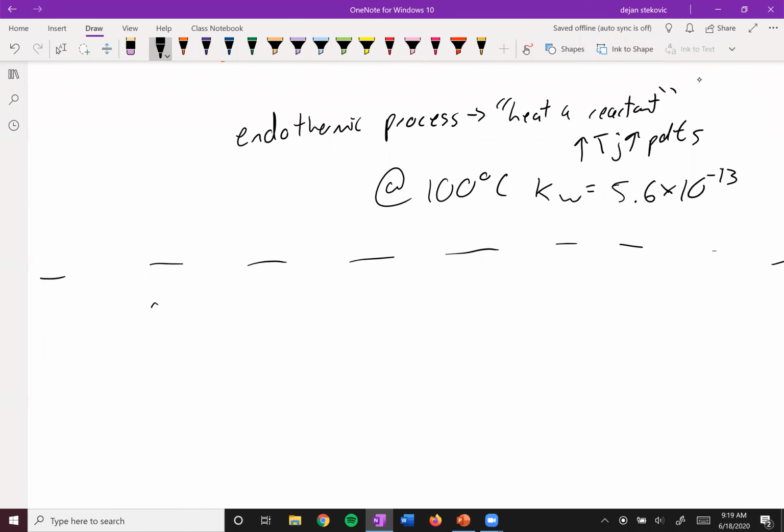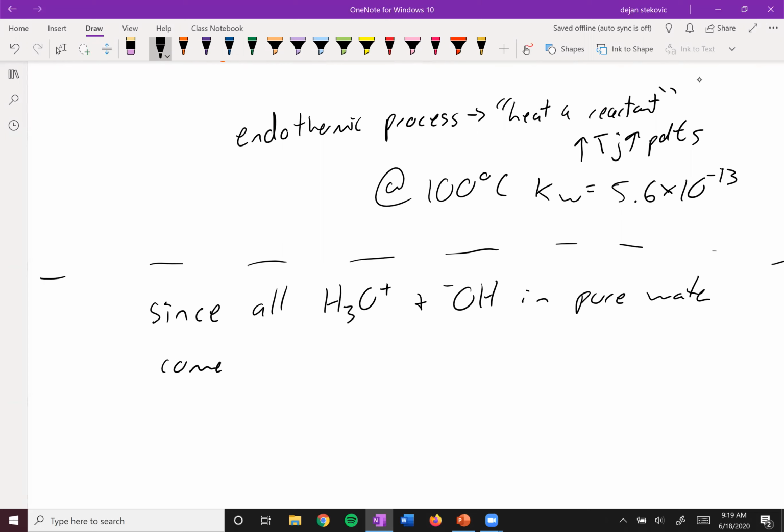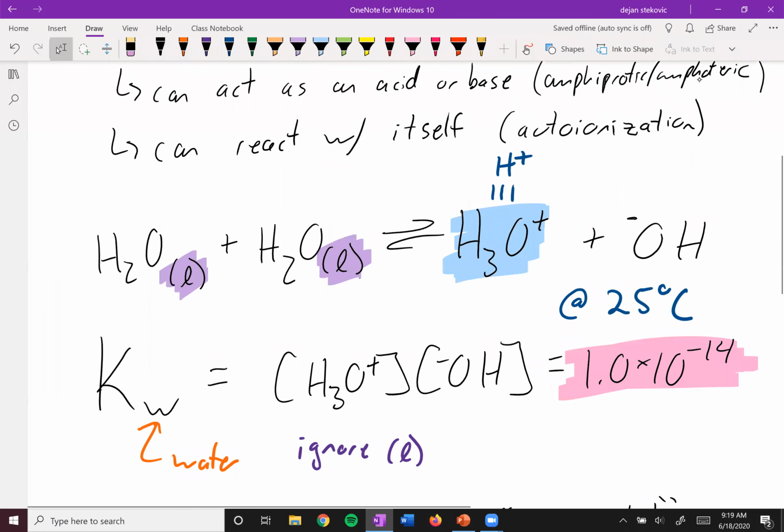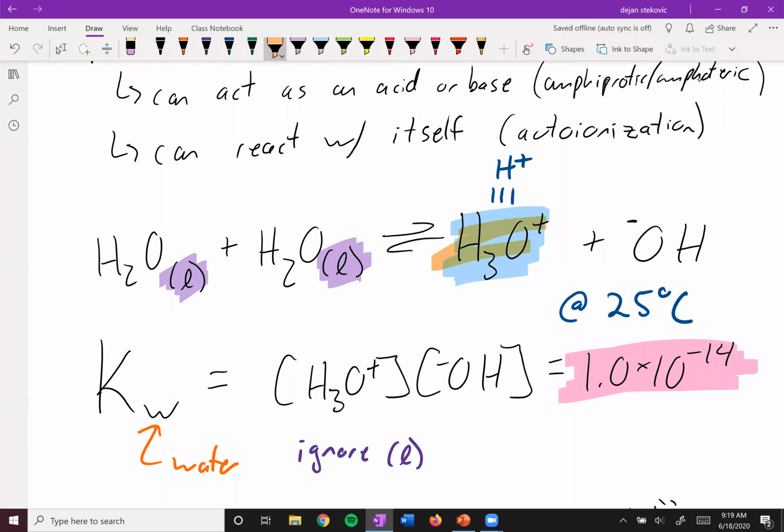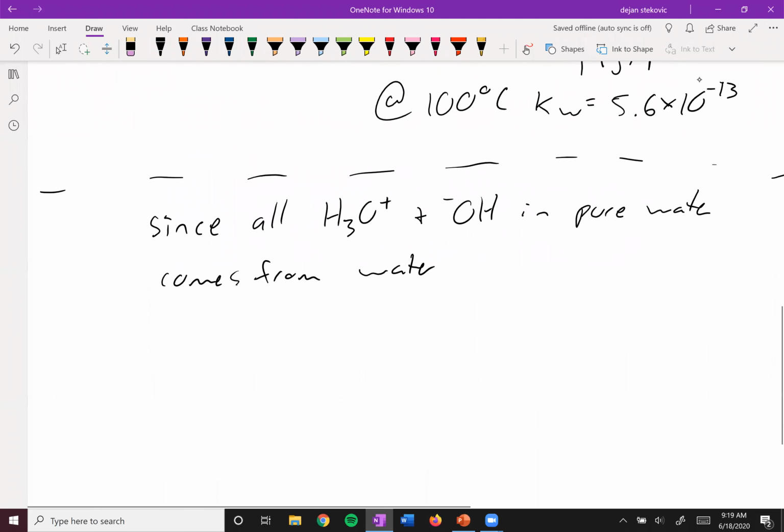All right, and then the other thing that we know is that all the H3O plus and hydroxide in pure water comes from water. If we take a look at this reaction, for every one of these that you form, you have to form one of these. So their concentrations in pure water have to be equal.